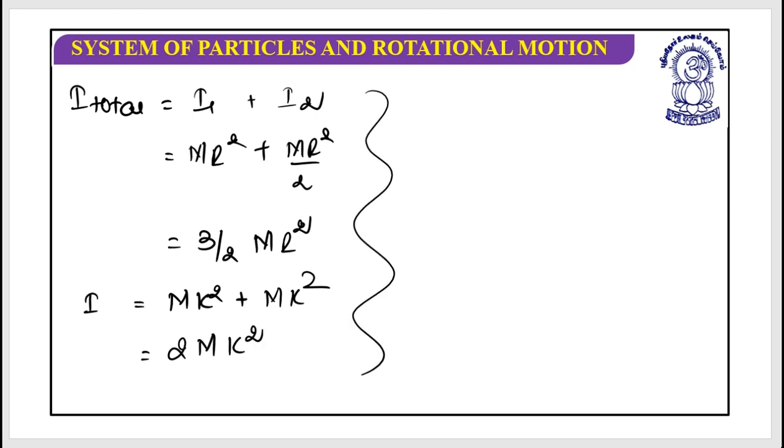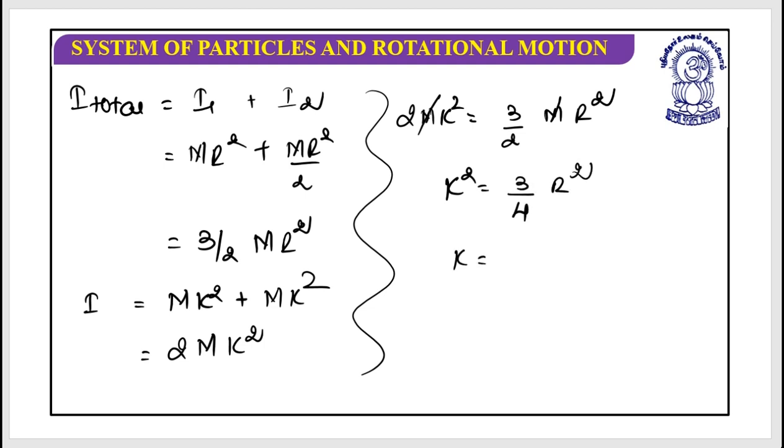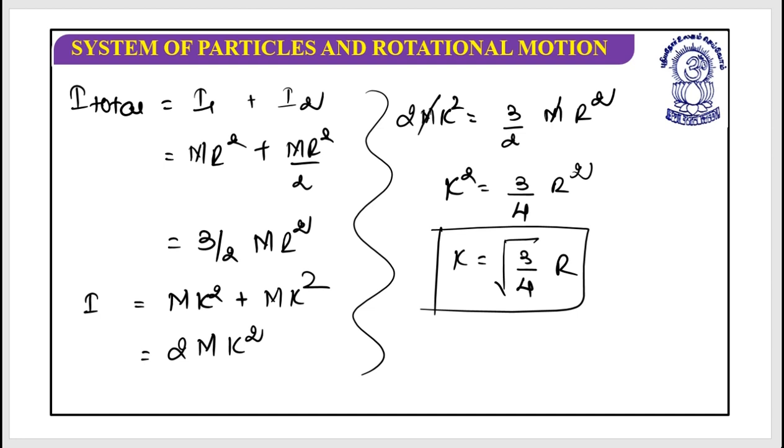So let's compare this and get the value. 2MK square is equal to 3 by 2 MR square. This M has gone, and K square is equal to 3 by 4 R square. So this K could be written as root of 3 by 4 into R. This is the radius of gyration. I hope this is clear.